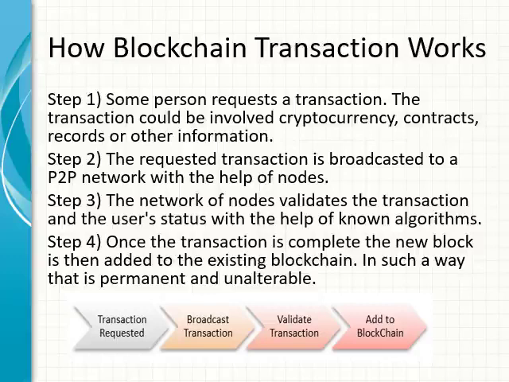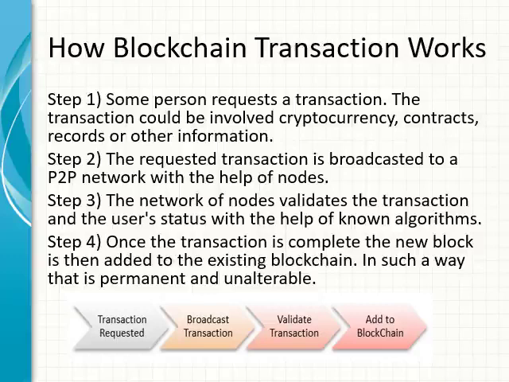There is a concept of a shared ledger, and all the participants, all the nodes, can view the transaction. In step 3, the network of nodes will validate the transaction and the user status with the help of known algorithms.